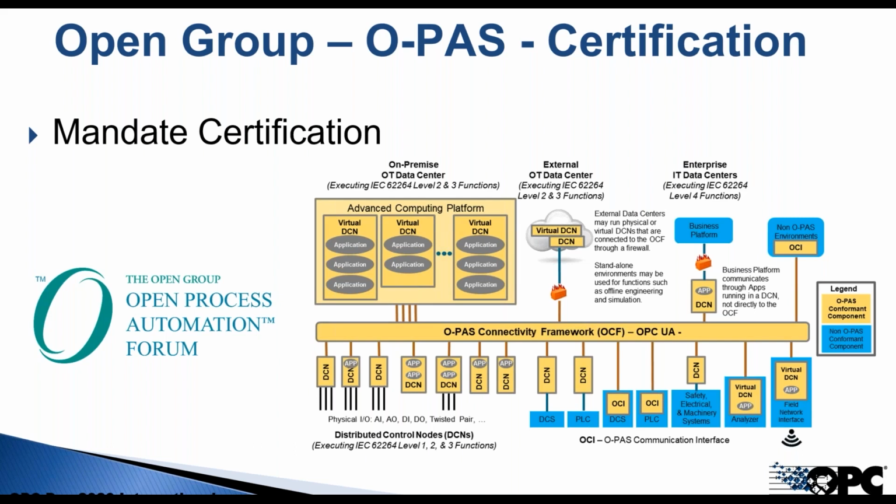So OPAS is one of them. They're working on an open process automation solution. The reason I want to mention this, besides the fact that they mandate certification, is that they are also doing more than just OPC UA communication in their model. They have an information model. They have other features involved.